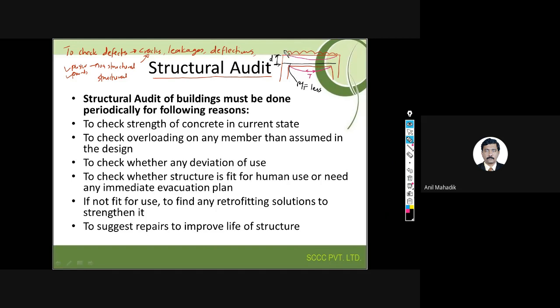There is also a possibility that your concrete grade is less. Then there is a possibility of cracks forming at the bottom, where there is maximum bending moment. How will you understand structural cracks?